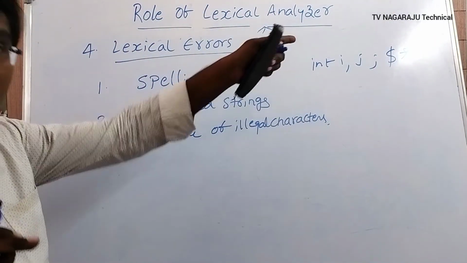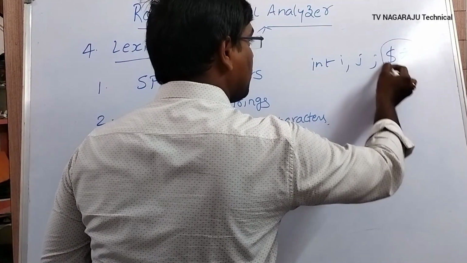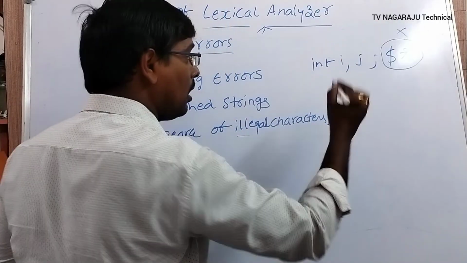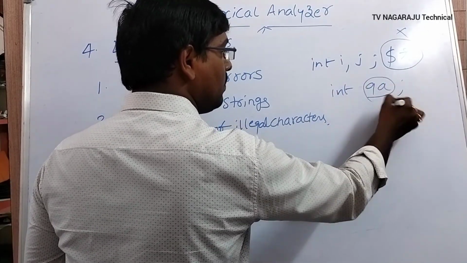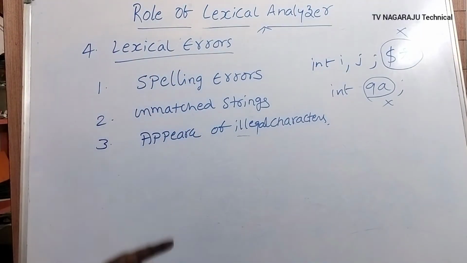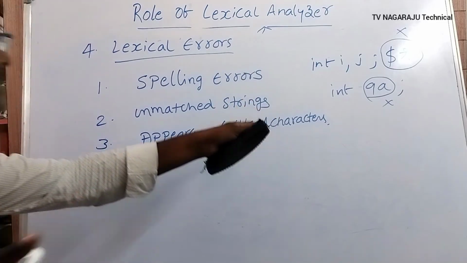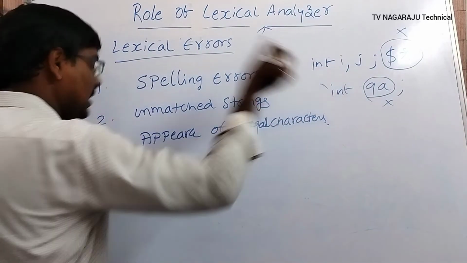Those symbols are not considered. Such symbols are not allowed. Or suppose int 9a. This is invalid. Why? An identifier begins with a letter or underscore only, not with a digit. These are called illegal characters.